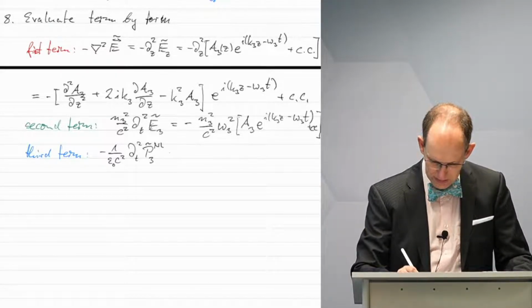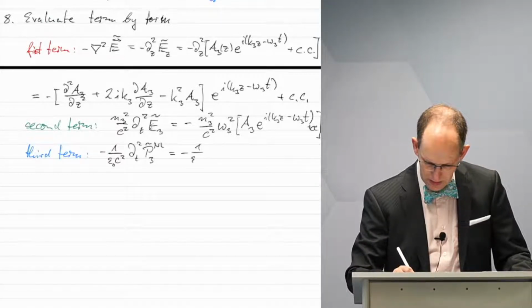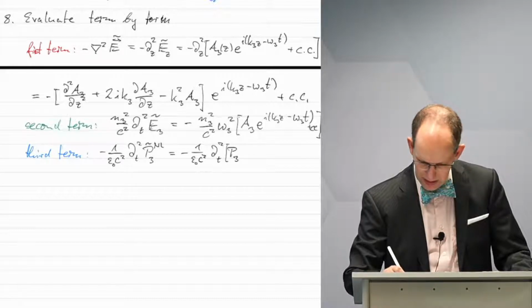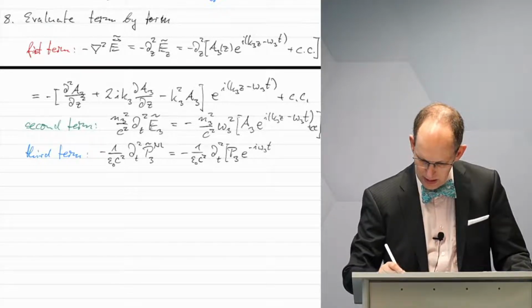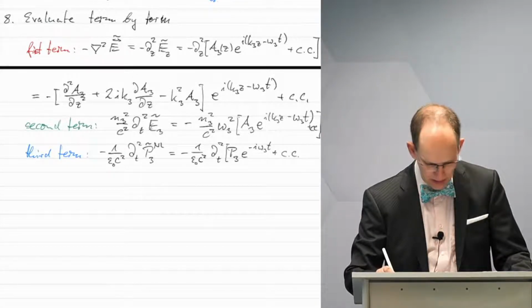This would give minus 1 over epsilon 0 times c squared, and then the second derivative of P3 times e to the minus i omega 3 times t. So the spatial dependencies are hidden in P3.